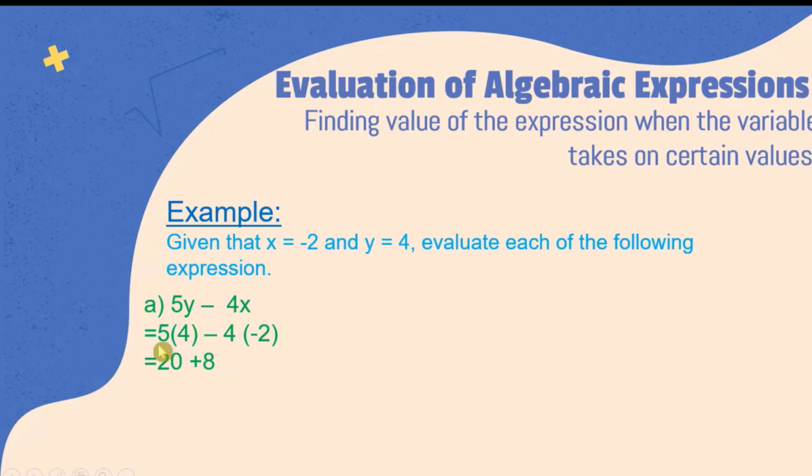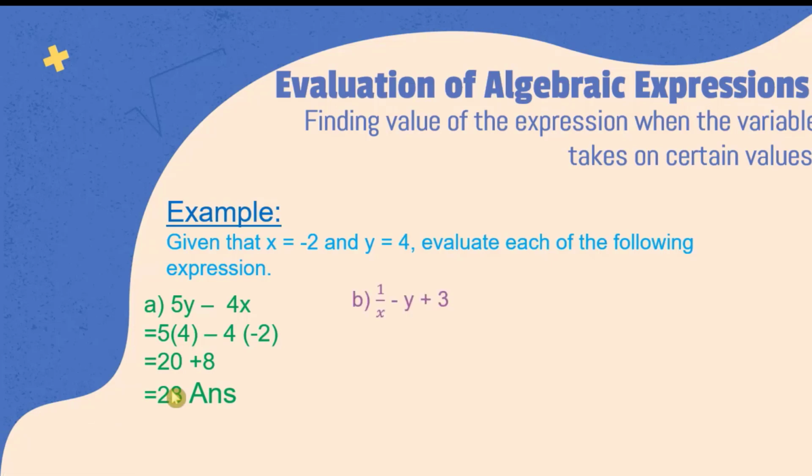The next step will be that you have to multiply the numbers. 5 4s are 20, minus minus plus. As you have already learned the multiplication of the signs, so here minus minus is plus and 4 2s are 8. Now simply add these two numbers and you will get the answer, that is 28.